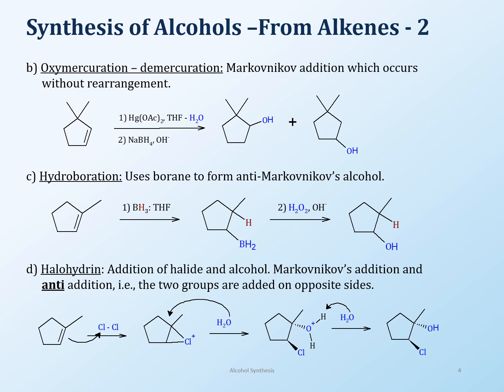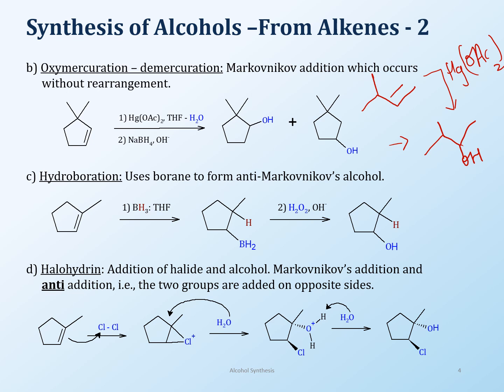So for example, if you were using the previous alcohol that you had and you use this reagent, the mercury acetate, and this is the short form of writing that, you will get this, no problem. Okay, so if you wanted to get this alcohol, then you will do oxymercuration, you will not do the acidic hydration. Okay, so that's what we mean that you don't have any rearrangement in oxymercuration.